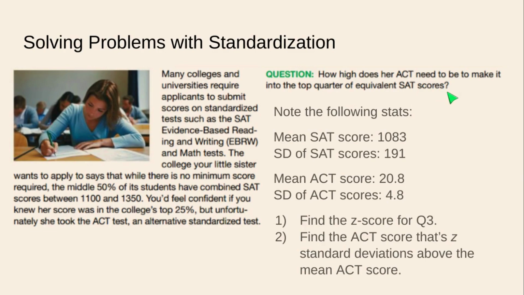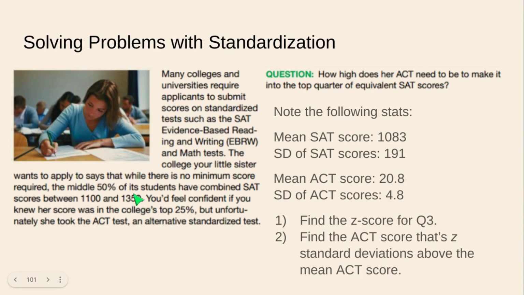So we know some facts about the SAT. Here's where the middle 50% would be for this college. Here is the mean SAT score. Here's the standard deviation of SAT scores. So since we know some facts about the SAT and also where the mean and standard deviation of the ACT are, we can use standardization to come up with an equivalent score, all right?